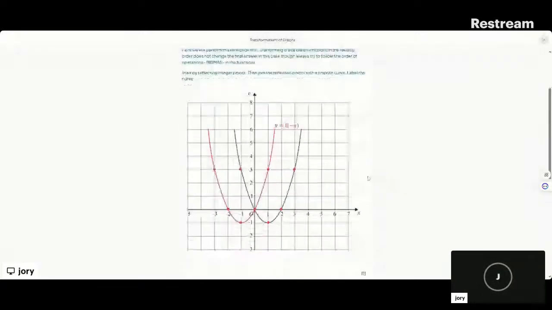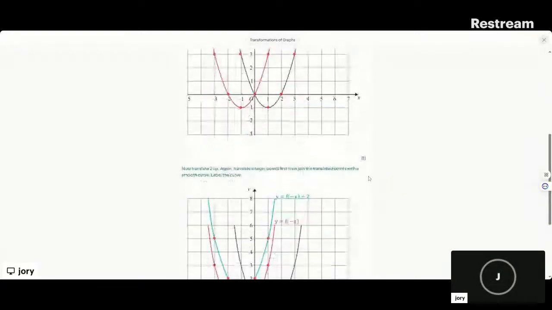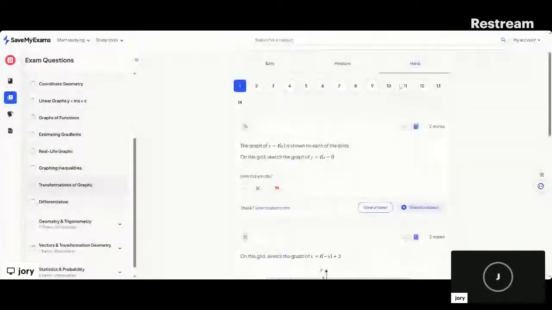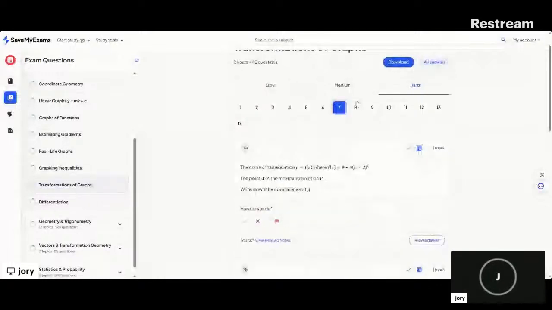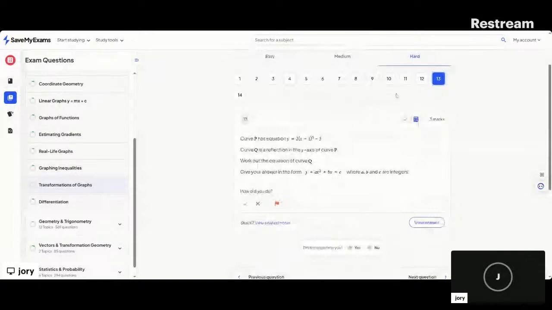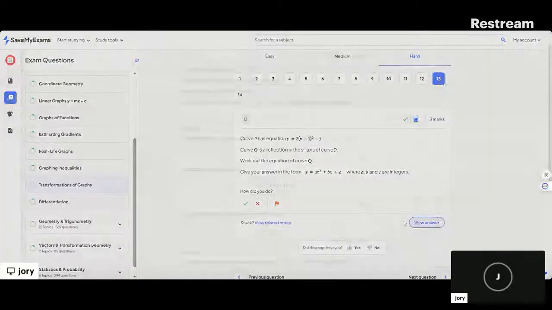Okay, flip on the y-axis and then we get 2 up. Ooh, I did not know we were going to flip. Give your answer in the form of this. So it's going to be -2 from the outside. And then expand.